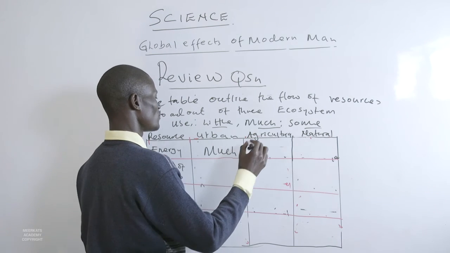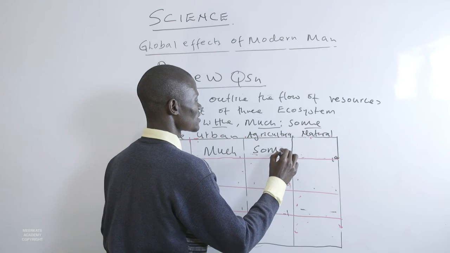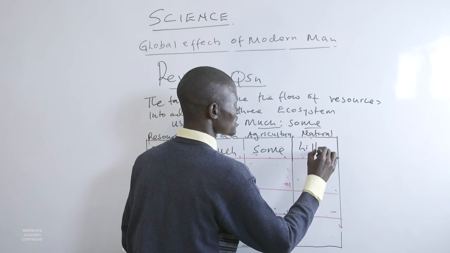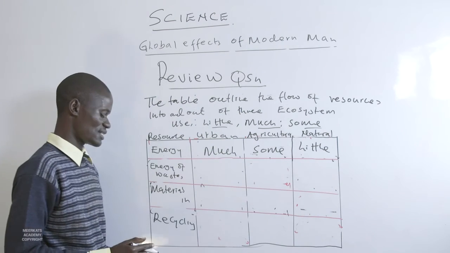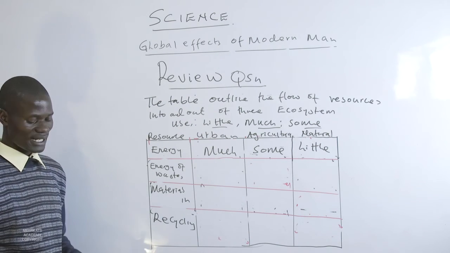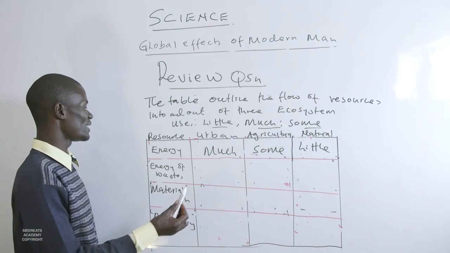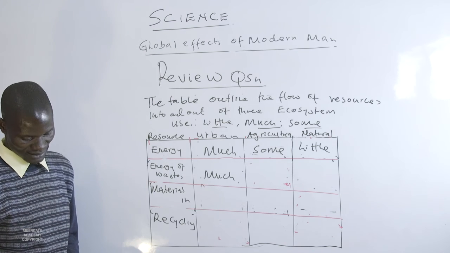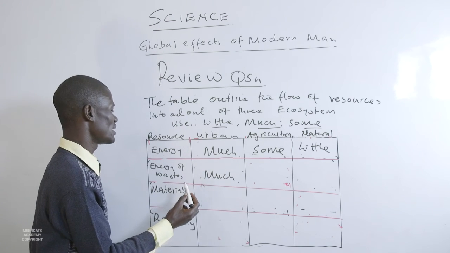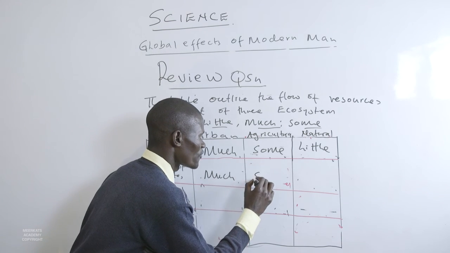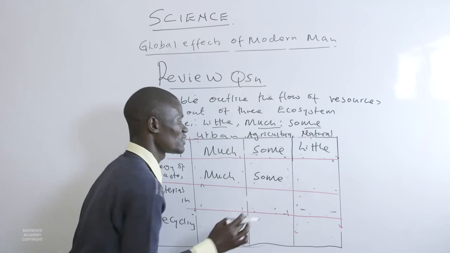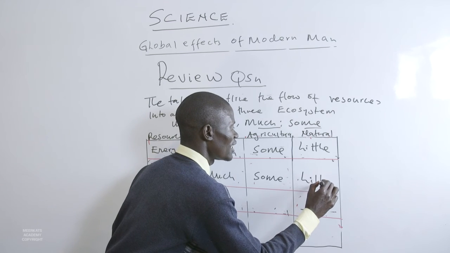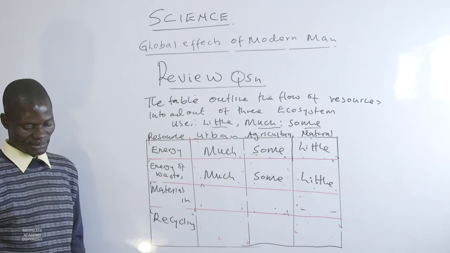Some of this energy is released into the natural, and very little of it comes from the natural setup. When you look at the energy of the wastes, much of it comes from the urban centers. Some comes from the agricultural activities, and little of it comes from the natural environment.